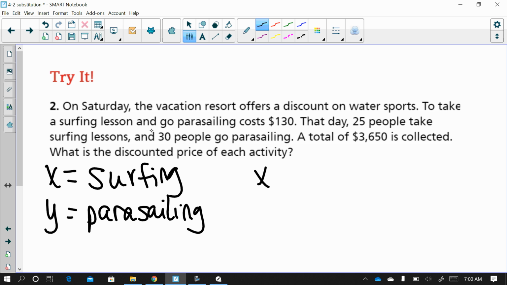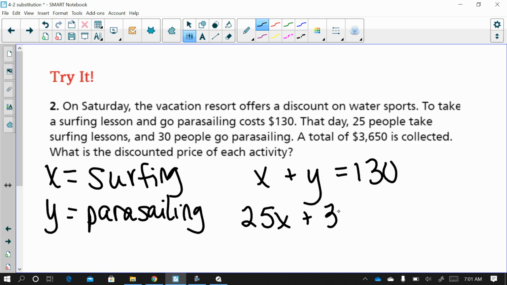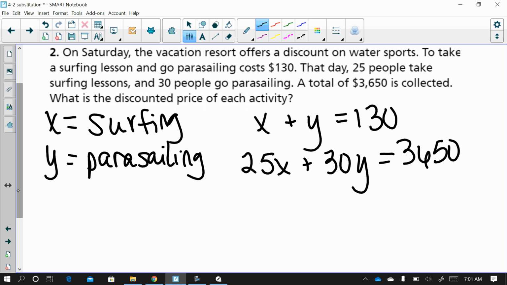Surfing is X. And so plus parasailing, well, that's Y, costs $130. My second equation, 25 people take surfing, so that's 25X. 30 people go parasailing, 30Y. How much did we make? A total, so equals 3650.